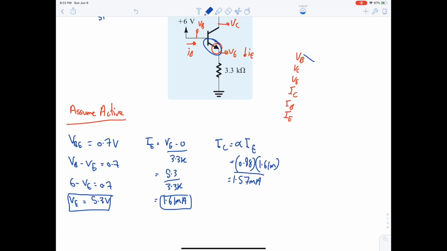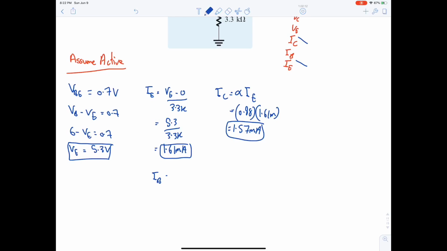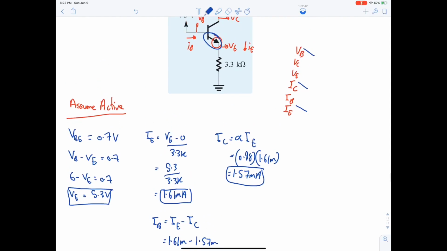This will give us 1.57 milliampere. After finding IC and IE, we can find IB. IB is equal to IE minus IC. 1.61 milli minus 1.57 milli will give us 30 microampere. Okay. Now, after finding IB, we can find VE.